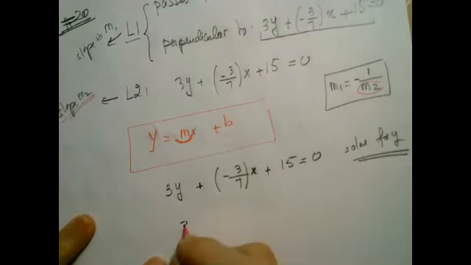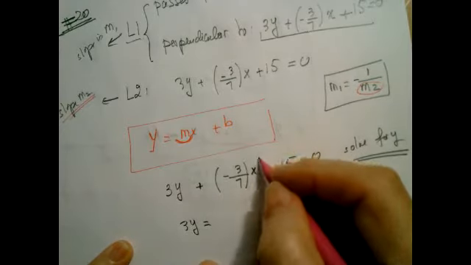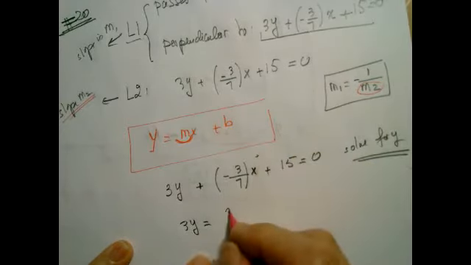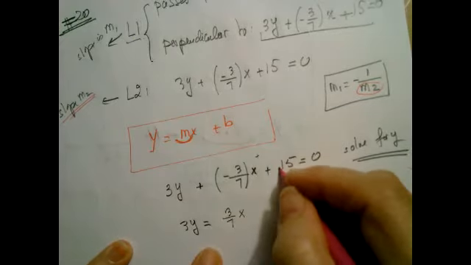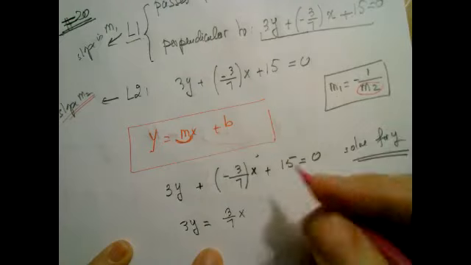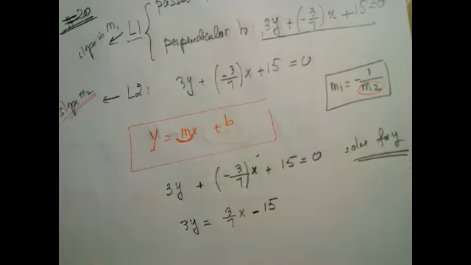So 3y equals, first I isolate the 3y. The x term has to be brought to the other side, which means I have to add 3 over 7 x. And the plus 15 has to go to the other side, which means I have to take away 15. Still, this is not enough.